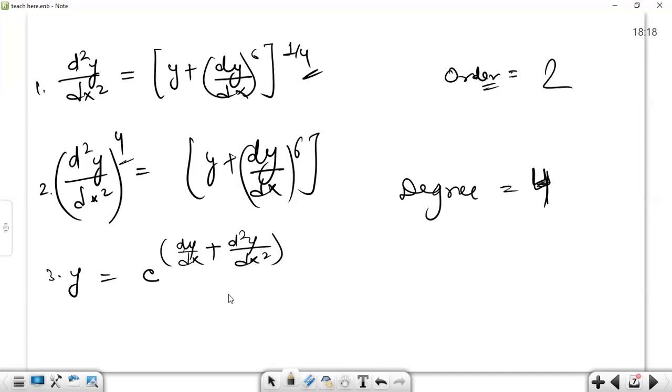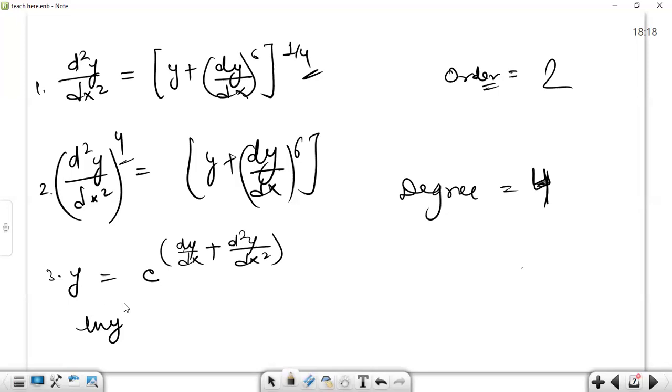Third example. So we know about logarithm, and we write it like this. Here, for log y, we have basically taken log on both sides, to the base e.